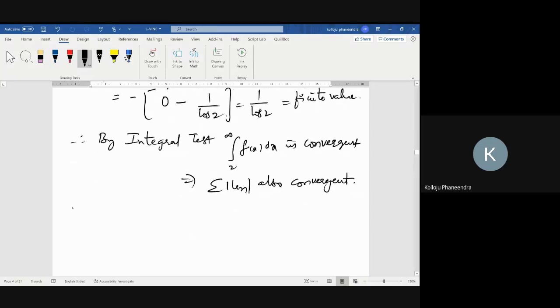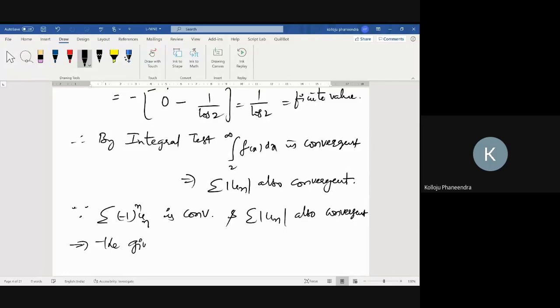Since the alternate series is convergent and the absolute series is also convergent, the given series is absolutely convergent. Okay, this is one model problem.